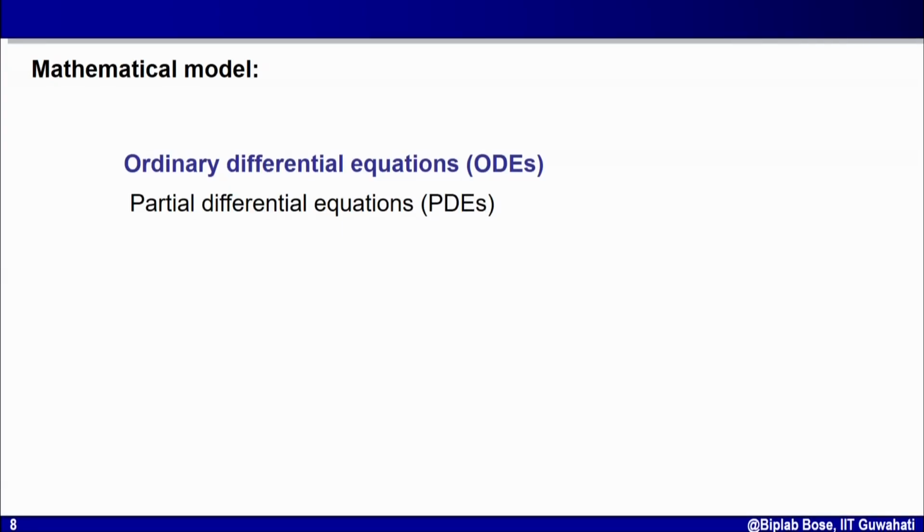Sometimes in some dynamical models, we have to use partial differential equations. Partial differential equations are used when you have more than one independent variable.